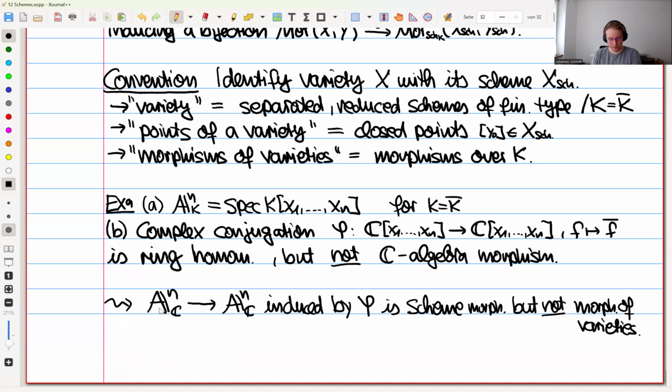So it wouldn't be a morphism of schemes over Spec C. In fact, this morphism induced by this complex conjugation is the complex conjugation morphism. It takes this n-tuple of elements and sends it to the complex conjugated element here.